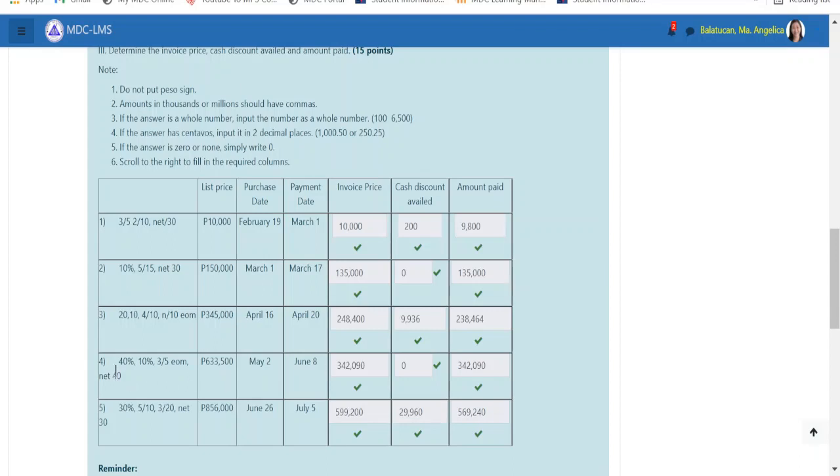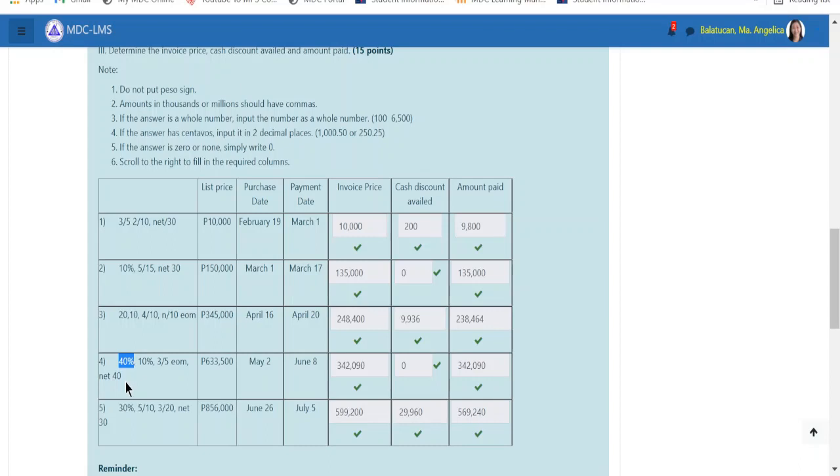Next, we have 633,500. There are two trade discounts. So 633,500 times 0.6 or 60% times 0.9 or 90%. So that would be 342,090 pesos. Again, why do we multiply it by 0.6? Because the trade discount is 40%.